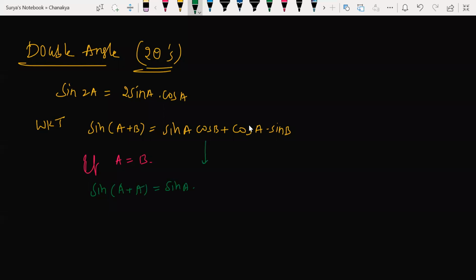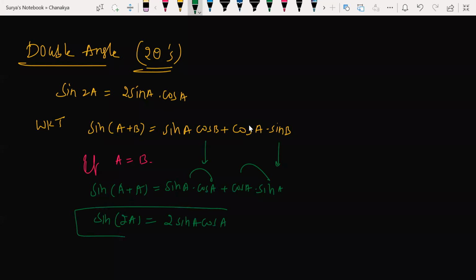Sin A cos B becomes sin A cos A, plus cos A sin A. So sin of A plus A is sin 2A, and we get sin A cos A plus sin A cos A, so 2 times sin A cos A.